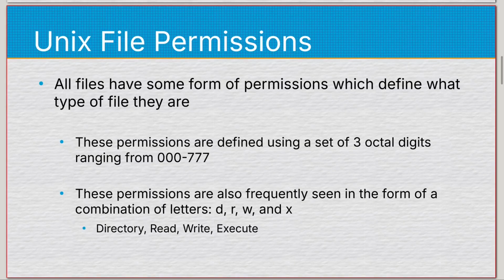So Unix uses file permissions all the time, so you have to be very aware of what these file permissions are and how they work. They range from 000 to 777. Now technically, I'm only going to go over the 3 octal digit forms of the permissions.